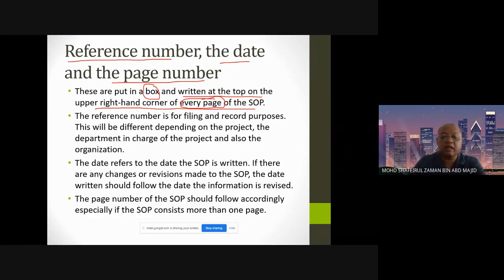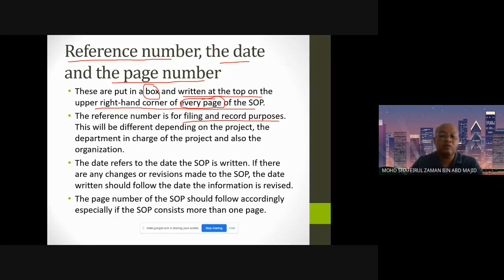The reference number is for filing and record purposes. For example, you are working on a project and your team is in charge of the mechanical work, so your reference number will start with M, for example. If the other group is working on the electrical part, their SOP reference number will start with the letter E, for example.